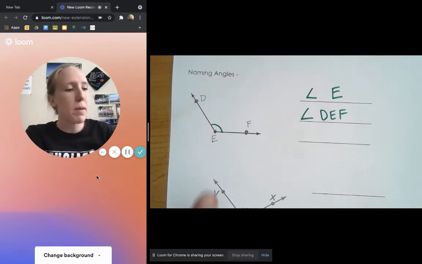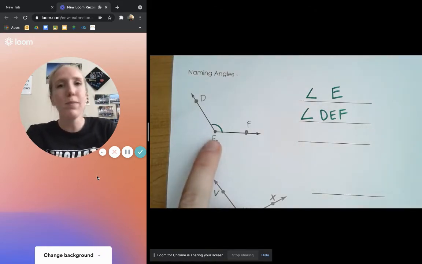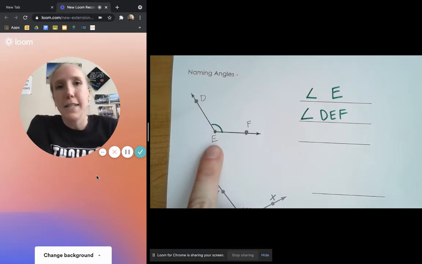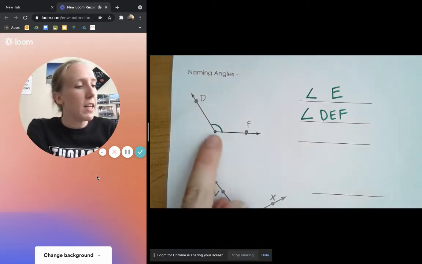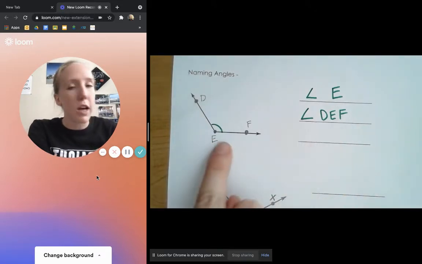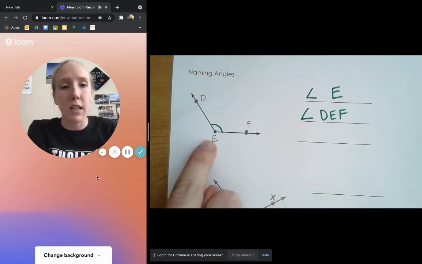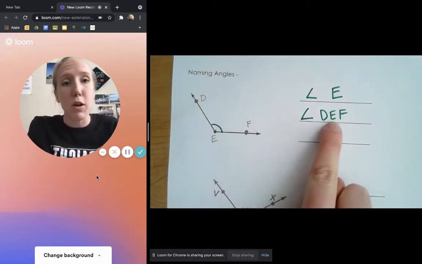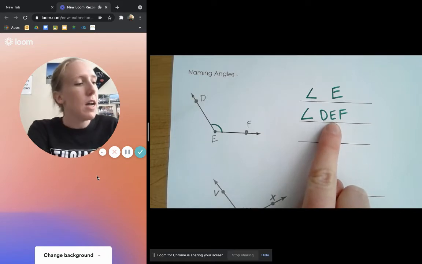You can't always do that, because if the middle letter is not in alphabetical order and it doesn't work to go in alphabetical order, you're going to have to put the middle letter, the vertex, in the middle no matter what, to show that that's the vertex.